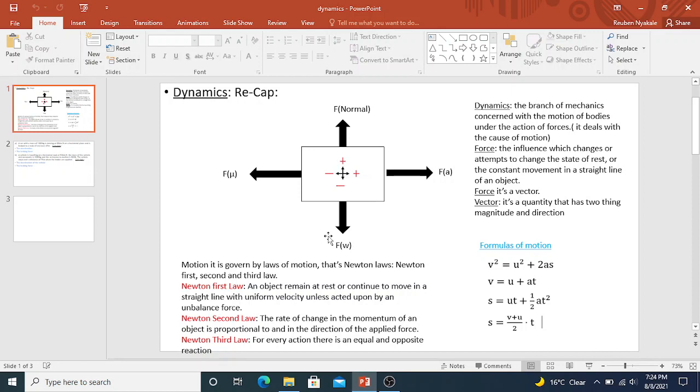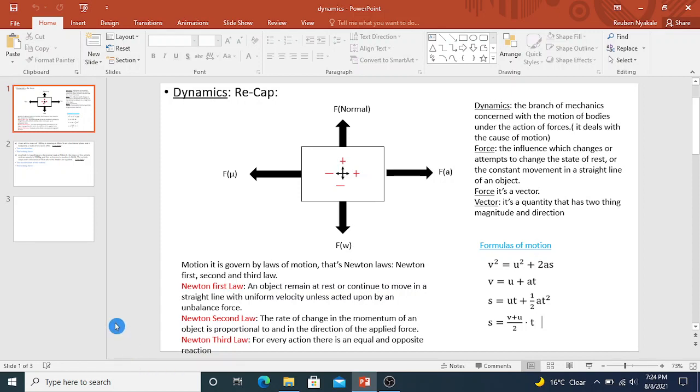Now, dynamics is governed by laws of motion, because when you look into the laws of motion, you will actually understand more about forces. The laws of motion are Newton's laws: Newton's first law, Newton's second law, and Newton's third law. You need to know those laws, and you need to know how to apply them.